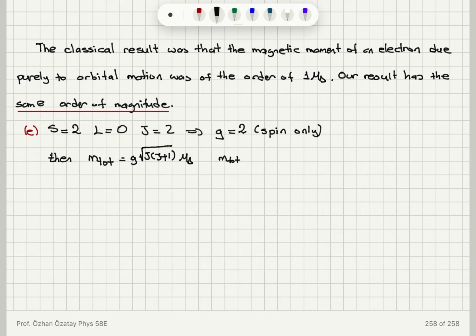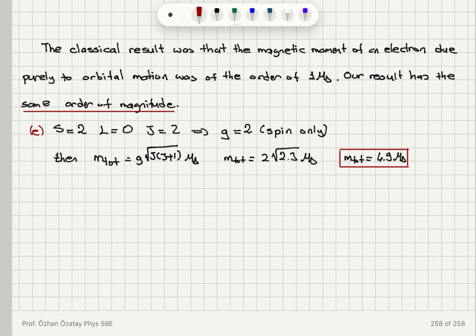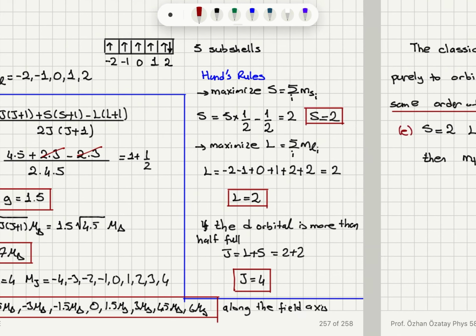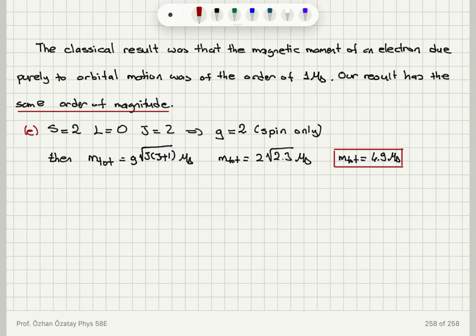So this will be equal to 2 square root of 2 times 3 Bohr magnetons, and we find the total moment to be 4.9 Bohr magnetons. So it's quite different. What we found in part D was 6.7. Here it's actually 4.9. The measured value is 5.4 Bohr magnetons.